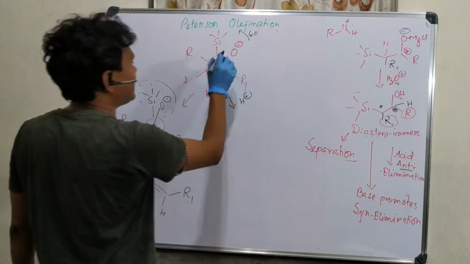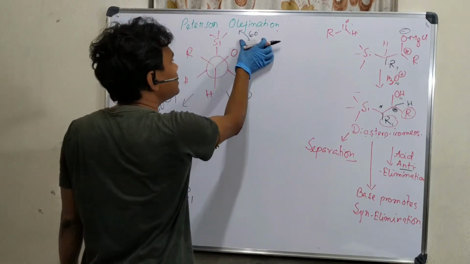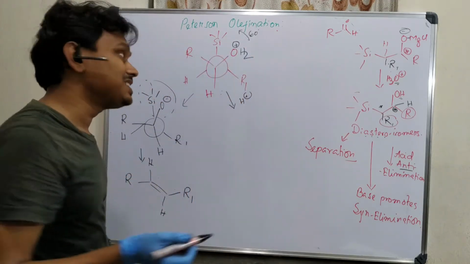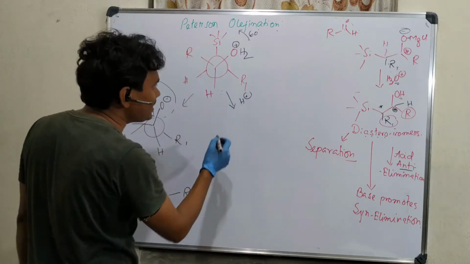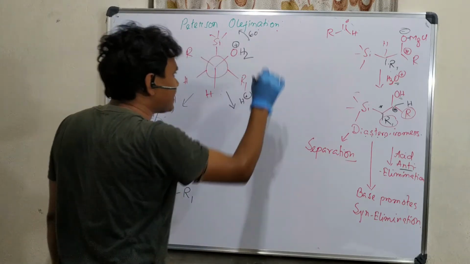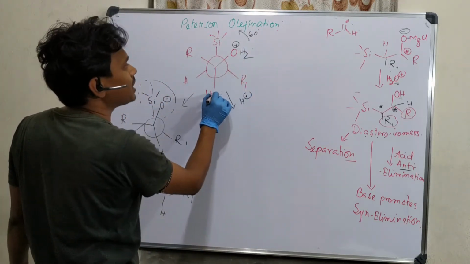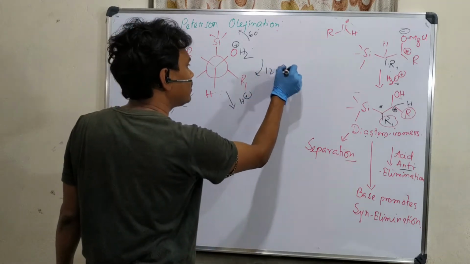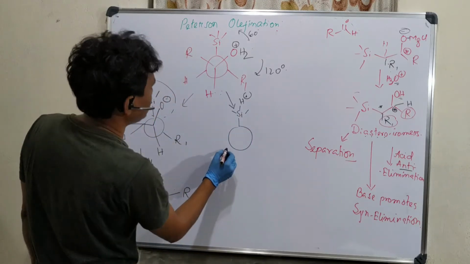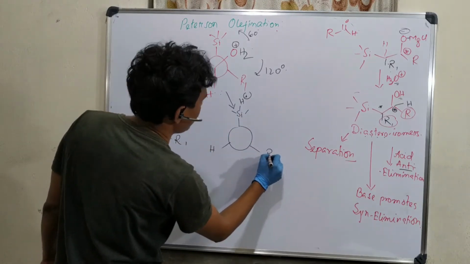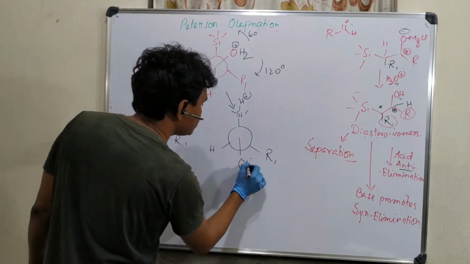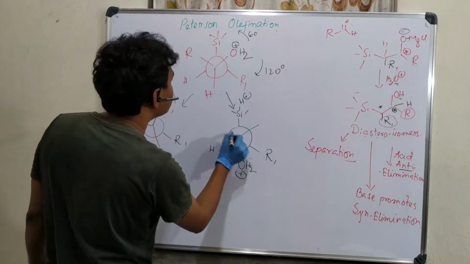For acid catalyzed, first the OH converts into OH2 plus, and for elimination it is anti-elimination. Why? I'll explain, just draw it first. Anti means it will come here at 120 degrees. So let's keep the back side the same: silicon trimethyl, this is H, this is R1, and this is OH2 plus.